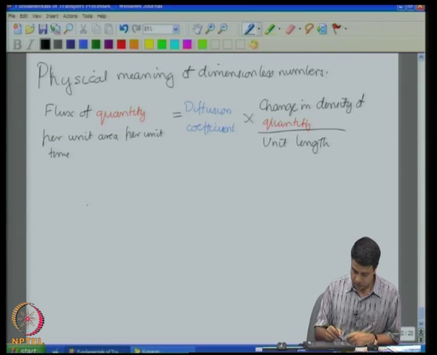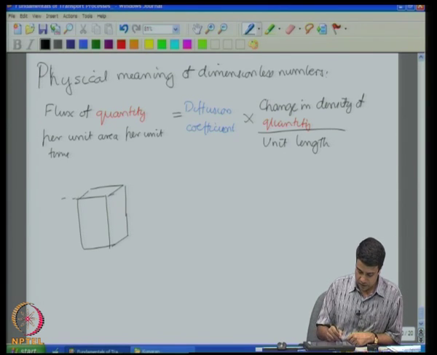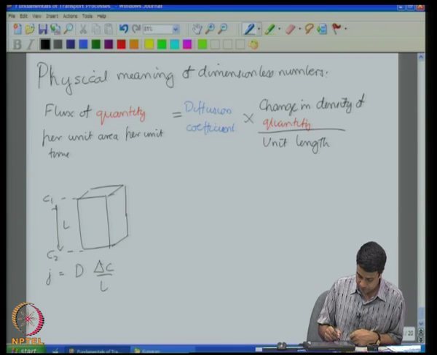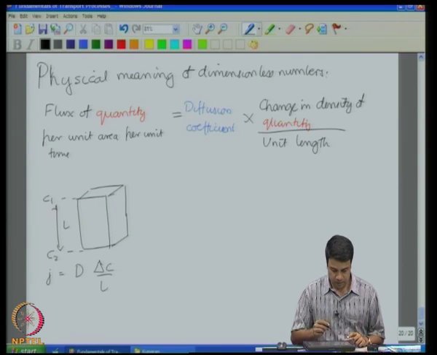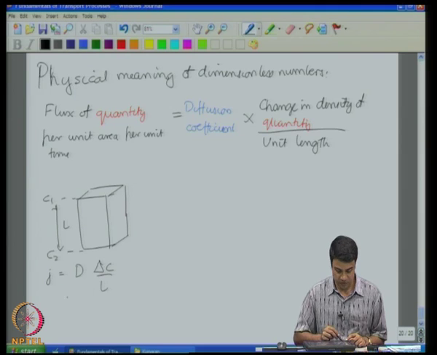So, for example, if I had a slab of fluid, across which I was applying a difference in concentration C1, C2, and the difference in concentration across a length L, then the flux J was equal to D into delta C by L. Flux of mass per unit area per unit time J is equal to diffusion coefficient D times change in the density of that quantity.